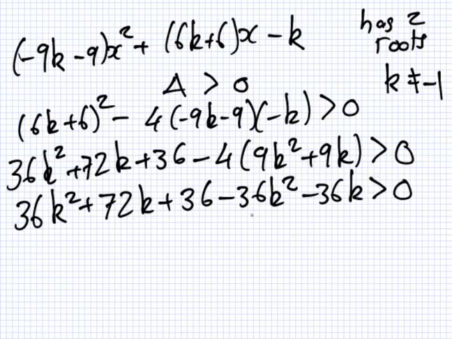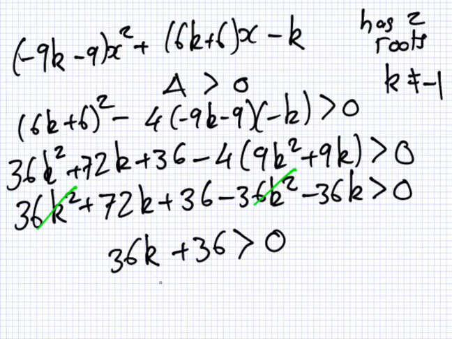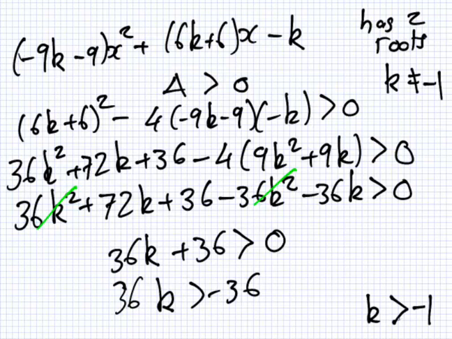So here, I open this and I get 4k squared minus 8k plus 4 minus 4, and now we'll multiply these two together. That's k squared minus 4k plus k minus 3k minus 4. So 4k squared minus 8k plus 4 minus 4k squared plus 12k plus 16.